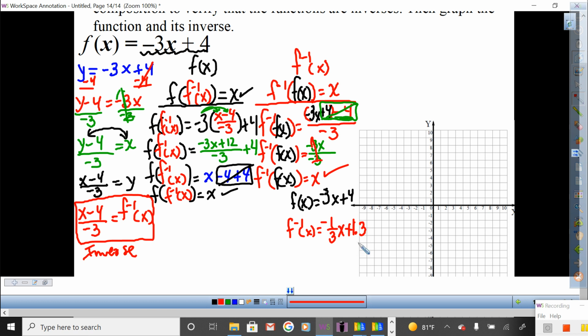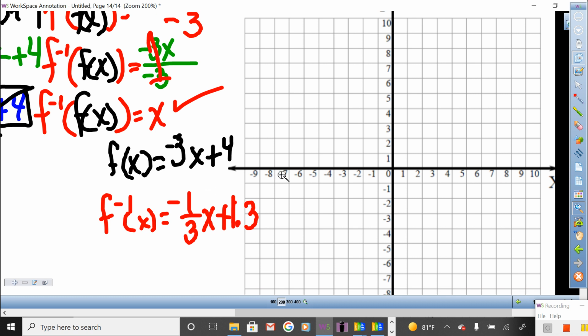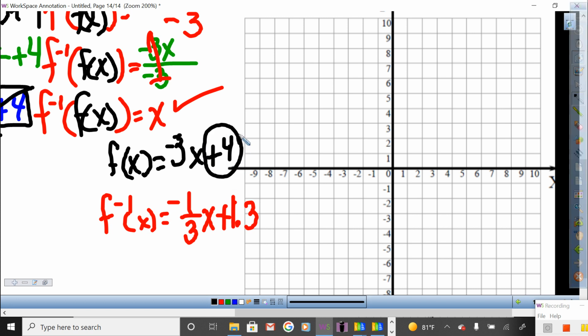All right, I'm going to zoom in. Start with the black one. Let's see if we remember how to graph linears. We start with my y-intercept. So we circle the positive 4. Where's my y-intercept? Right here at positive 4. What is my slope? Negative 3 over 1. That means 3 steps down, 1 to the right. So I go 1, 2, 3, 1 to the right.